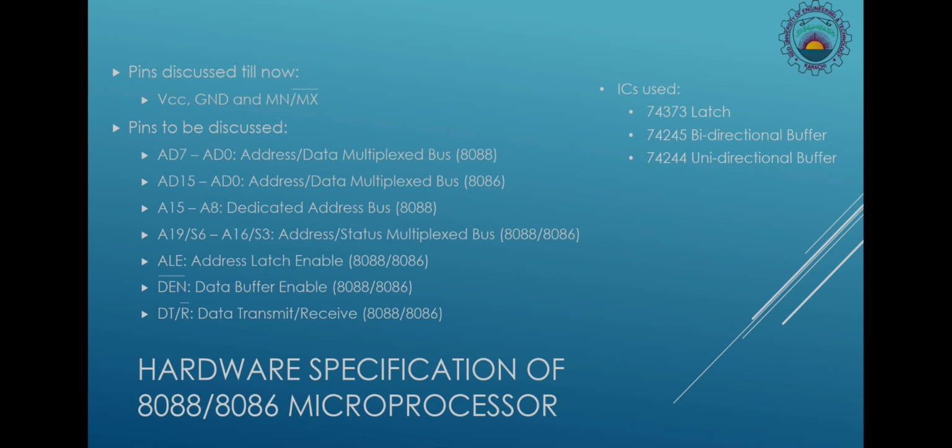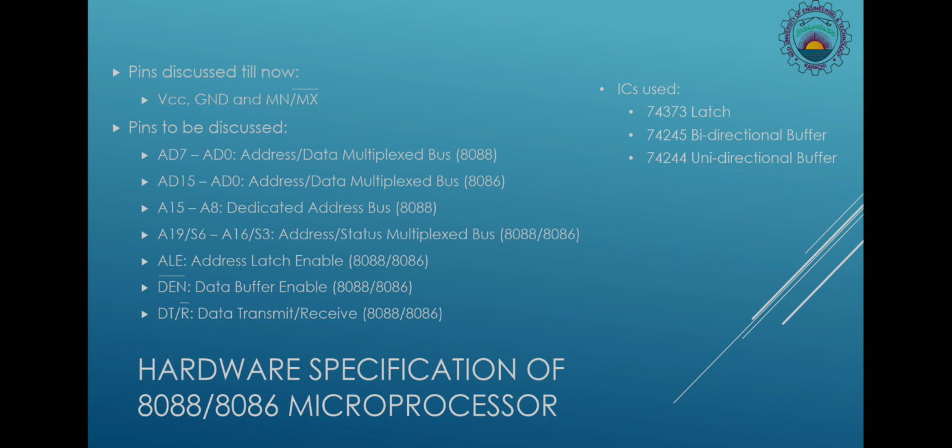In case of the 8088 microprocessor, dedicated address lines A8 to A15 will be discussed, and the address status multiplex bus A16/S3 to A19/S6. The ALE pin, address latch enable, will also be discussed. Then we will discuss the DEN bar pin for data bus enabling, and the data transmit/receive pin, DT/R bar.